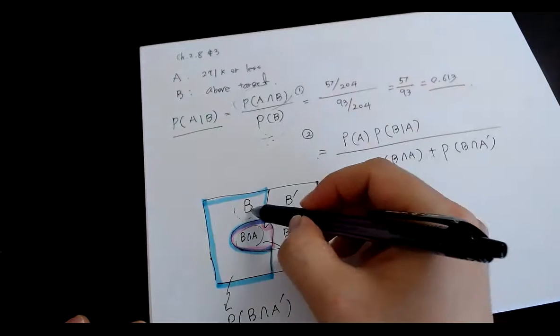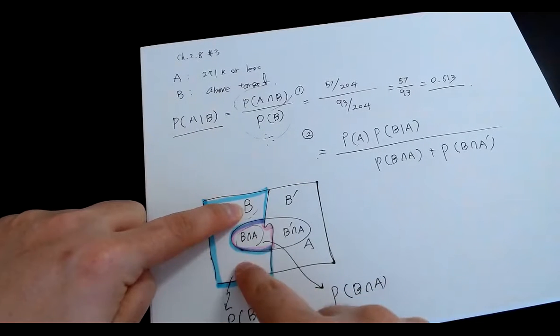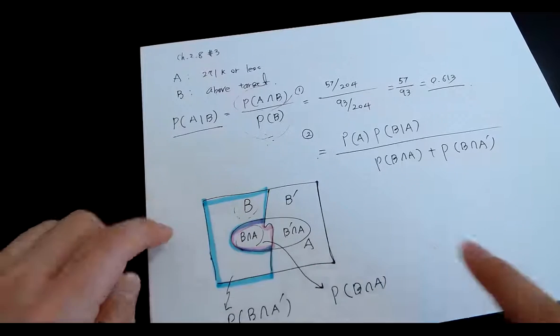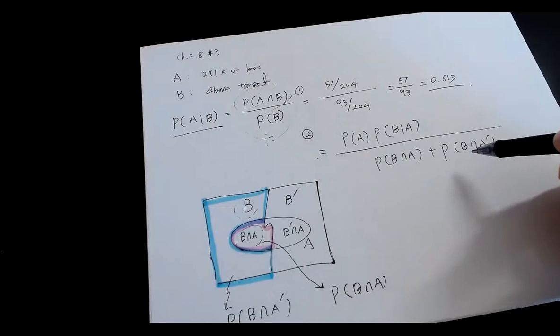We see that these two events, B intersection A prime and B intersection A, are mutually exclusive, so it can be expressed like this.